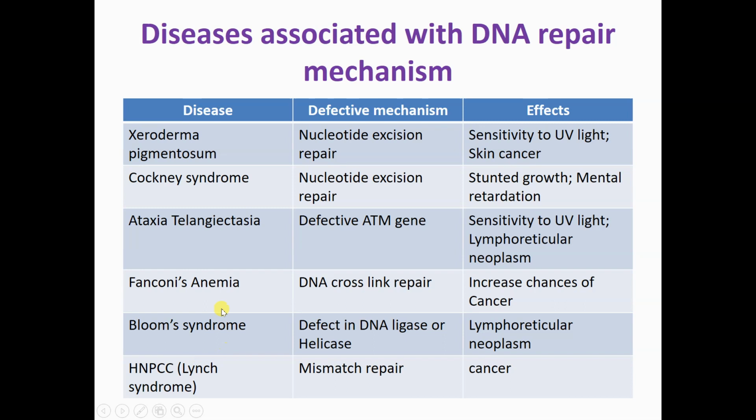In an MCQ, it may be asked: Cockayne syndrome occurs due to defect in which type of DNA repair mechanism? The answer is a nucleotide excision repair defect. Lynch syndrome or hereditary non-polyposis colonic cancer occurs due to defect in which DNA repair mechanism? It is a defect in mismatch repair.